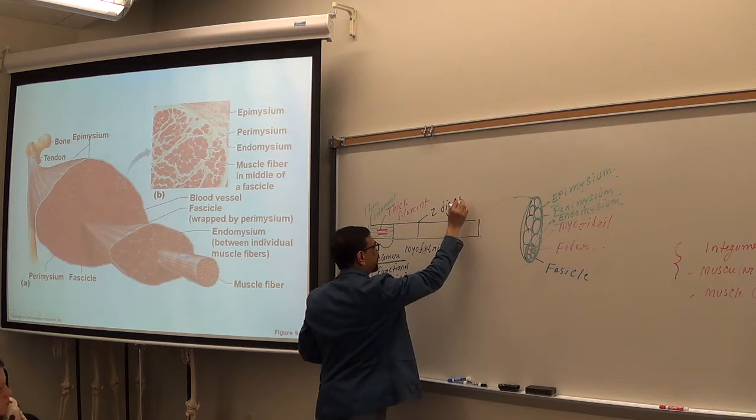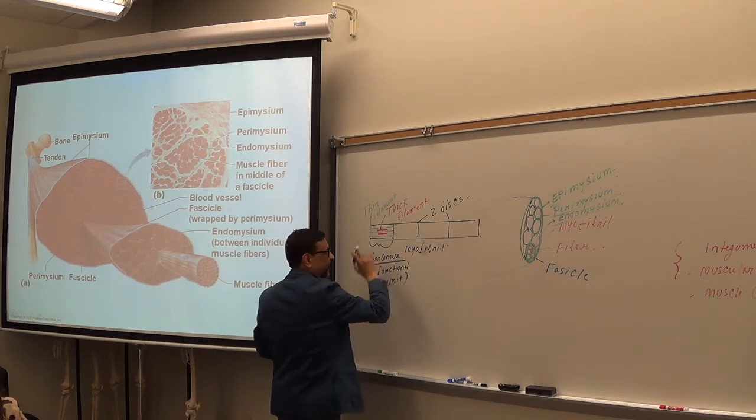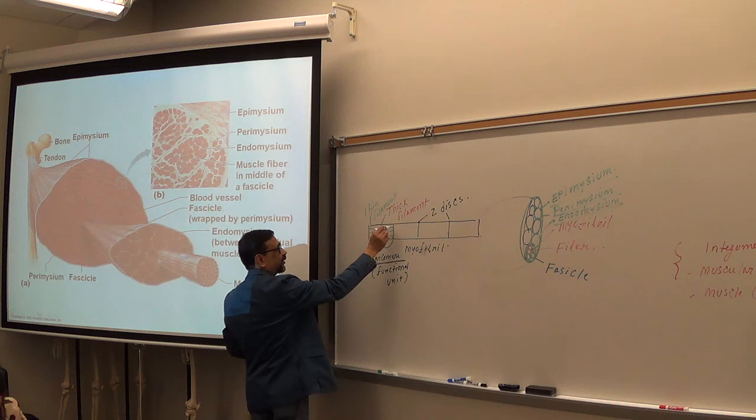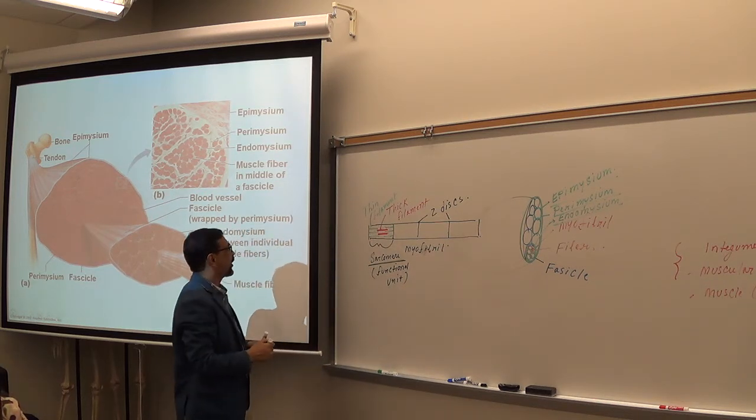Now you see the thin filaments are attached to the Z disc. So one end of the thin filament is directly attached to the Z disc. The other end is free. Okay? So this is the free end. This is the attached end.